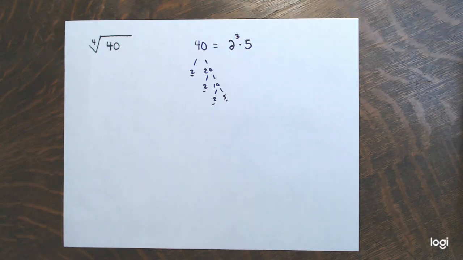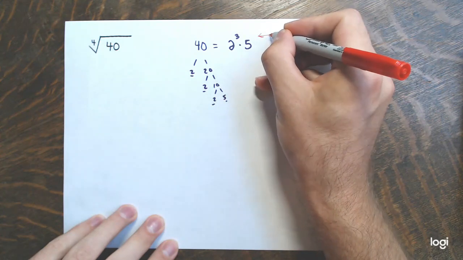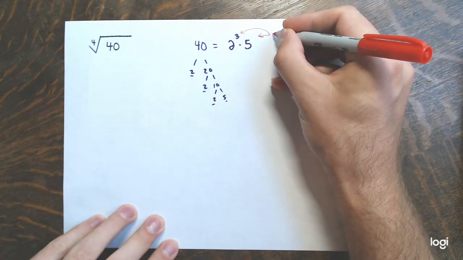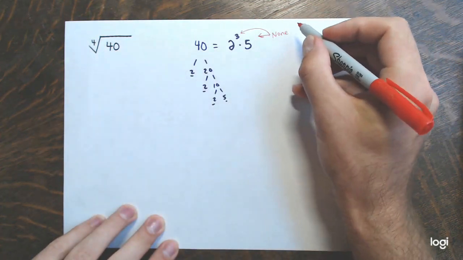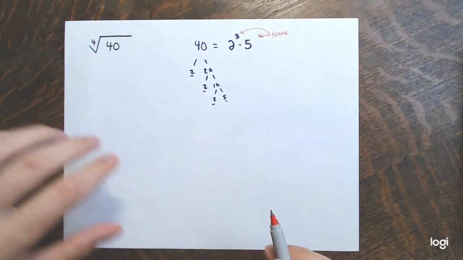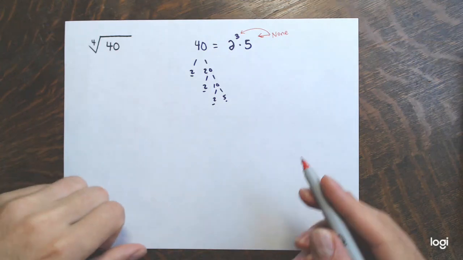Now look at these exponents. There's an exponent of 1 and 3. None of the exponents are 4 or greater. Right, the index is 4, so I'm looking for perfect 4th powers, things that can be written to the 4th power.